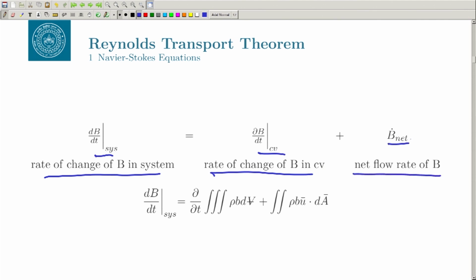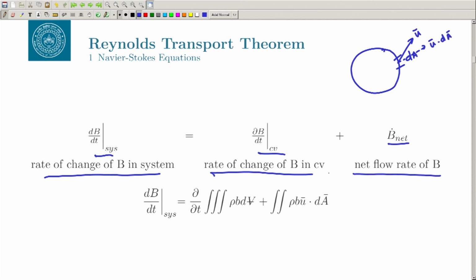If you want to write this in the integral form, this is dB by dt of the system, and if I make a control volume like this, and let us say this is my elemental area dA, and there is a velocity here, u, at which any quantity is going out, then you will have this normal component, u dot dA.